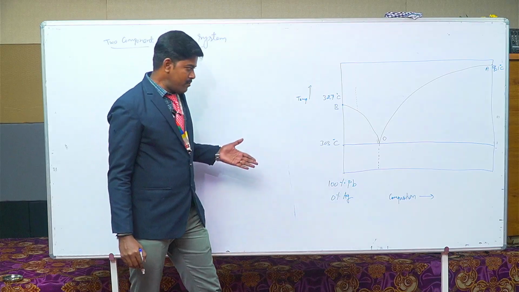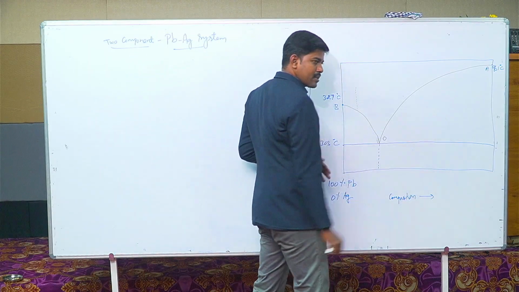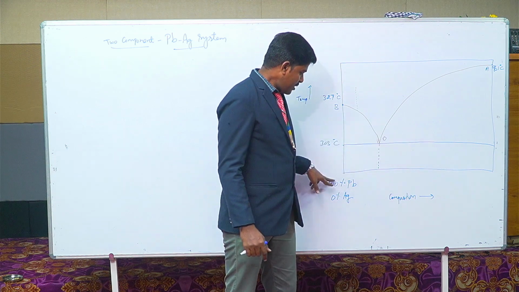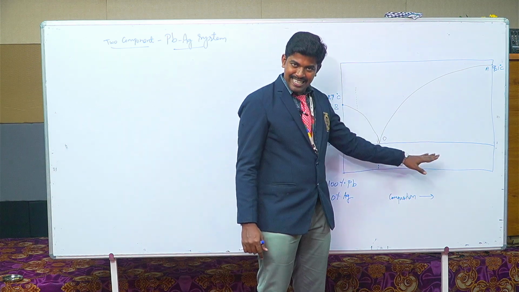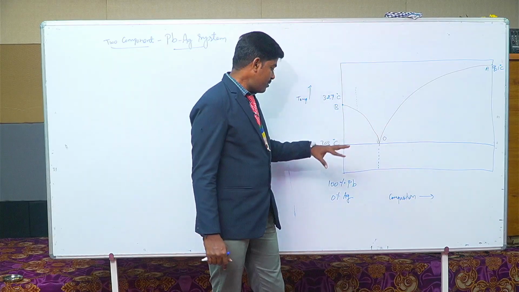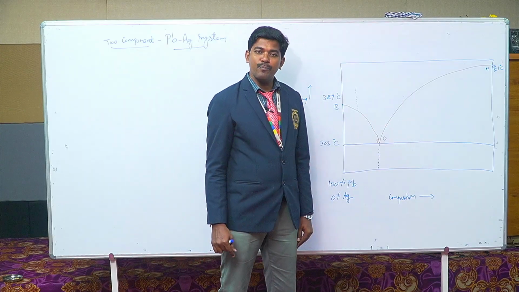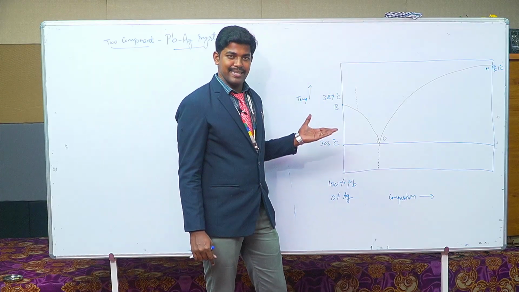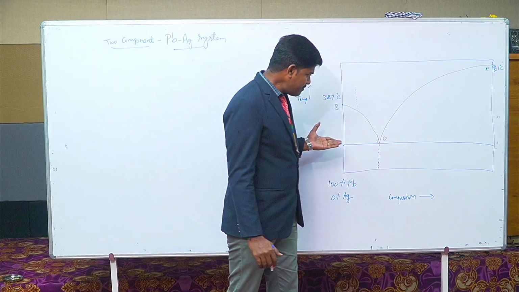While moving from here to there, the composition of lead is decreasing and silver is increasing. What will happen?